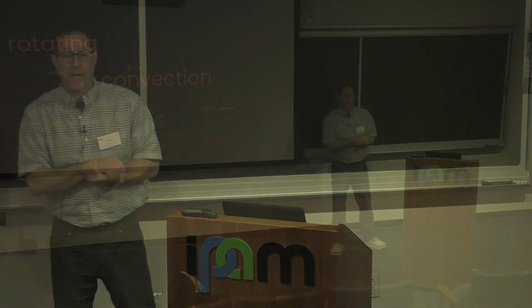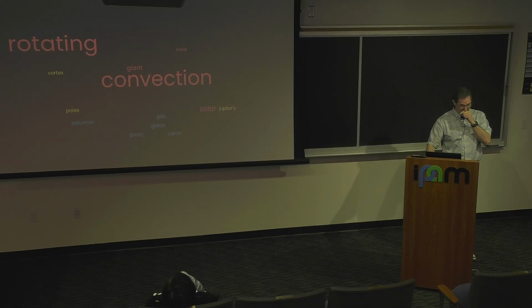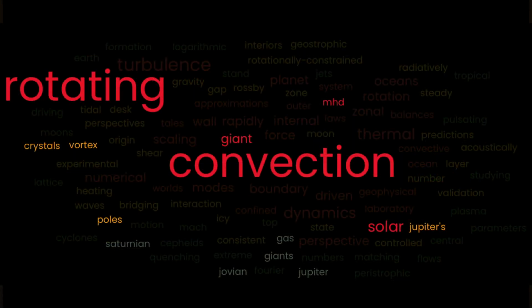These are truly intertwined globally. All right, MHD. I don't think I put in a slide for this, but I meant to mention too, on a lot of these gaseous bodies, we have vortex crystals and vortex structures at the poles. I think we'll hear about that this week.